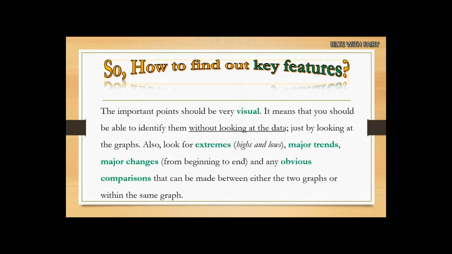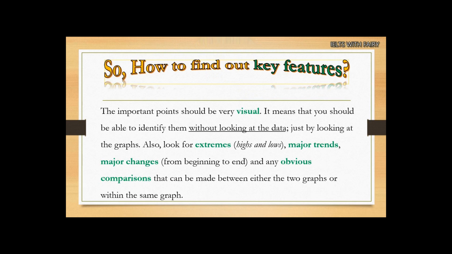Okay. The important points, or in other words key features, should be very visual. It means that you should be able to identify them without looking at the data, just by looking at the graphs. You even don't need to care about the figures and numbers. Because it is visual, you just look at the graphs and then you can find out key features easily.